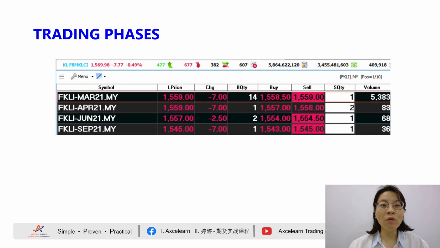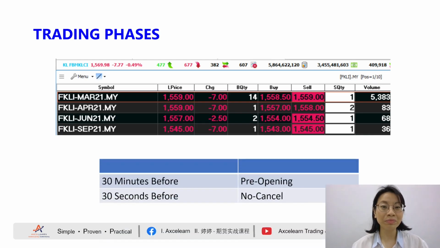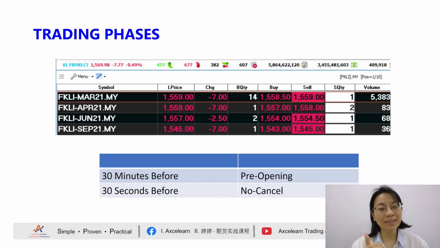Now, before we move into the different trading phases, you just need to understand two important trading phases. What are they? One is 30 minutes before the market opens, we have a pre-opening stage. So what does this mean? During this pre-opening stage, you can start to submit your orders, but none of your orders will be executed, or what you call matched, or traded.